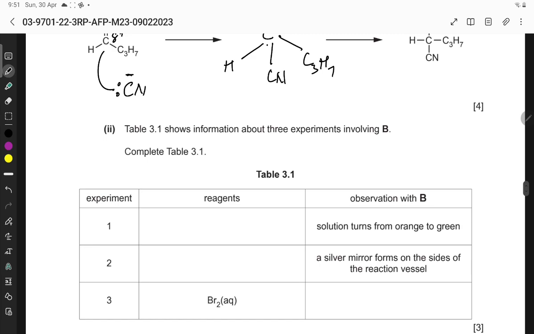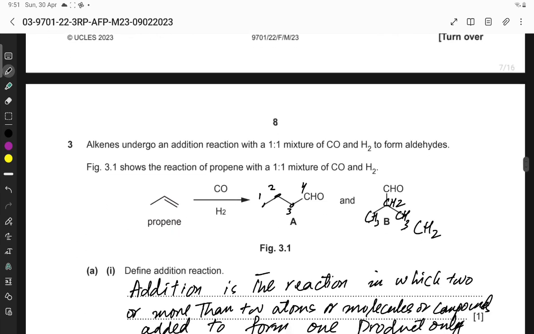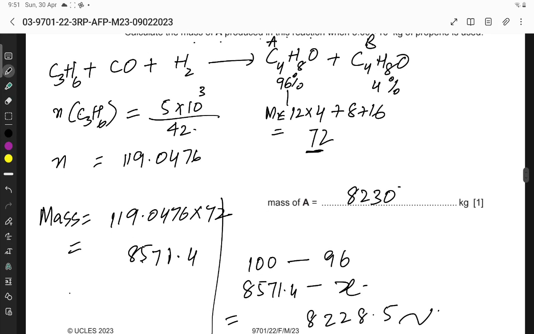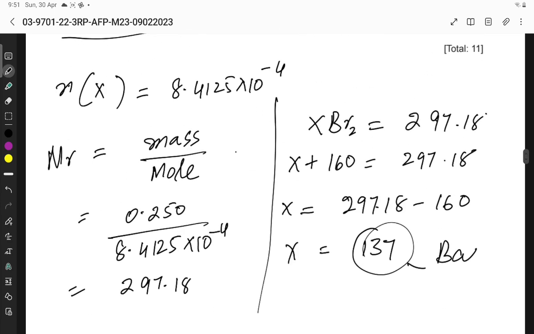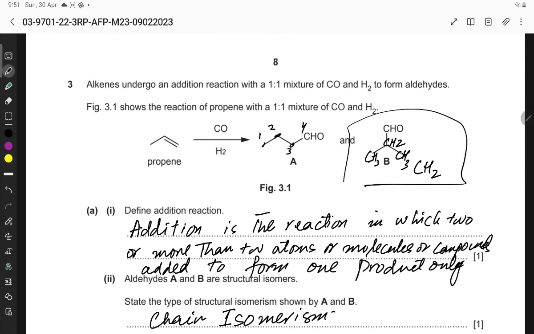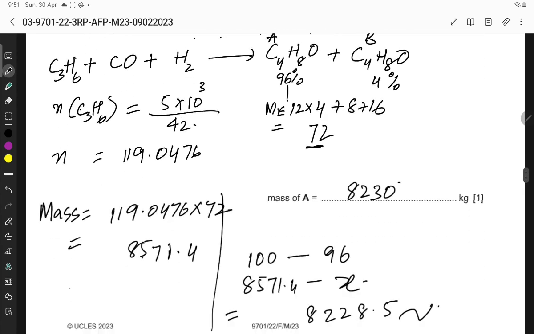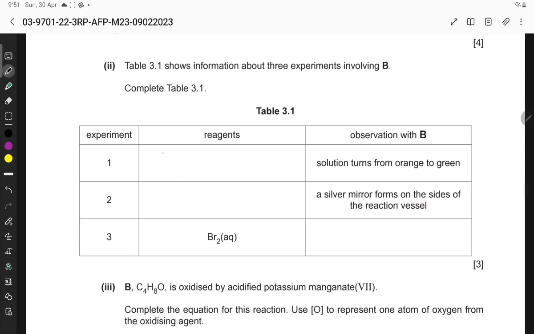Table 3.1 shows information about 3 experiments involving B. This is B. Solution turns from orange to green, so this is acidified K2Cr2O7.